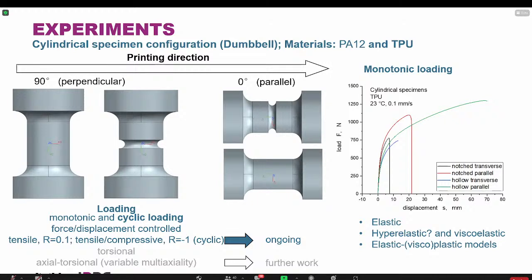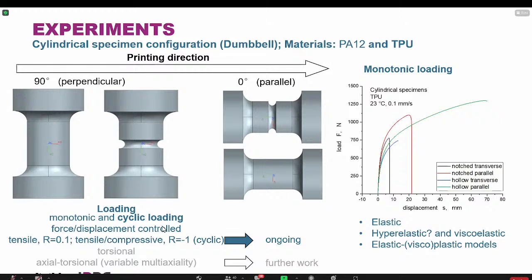In addition to this, we use different notches. In this study, I used only the classical circular notch or notch with a larger radii in order to investigate the monotonic tensile strength, and also the fatigue behavior, as you see.